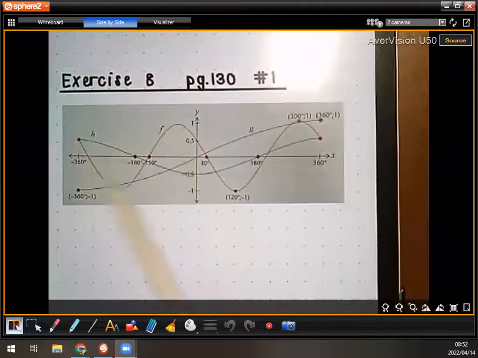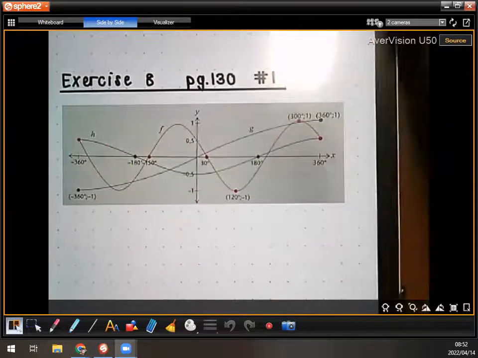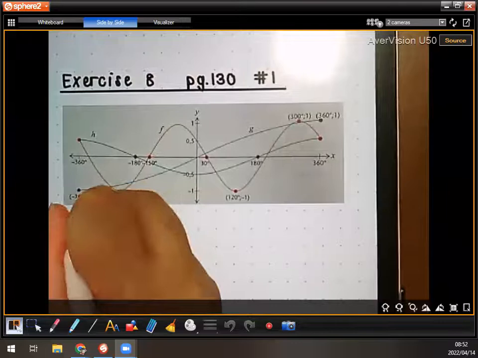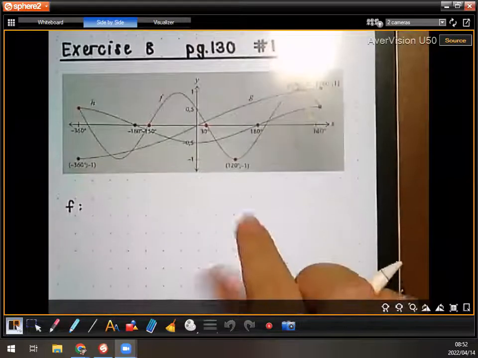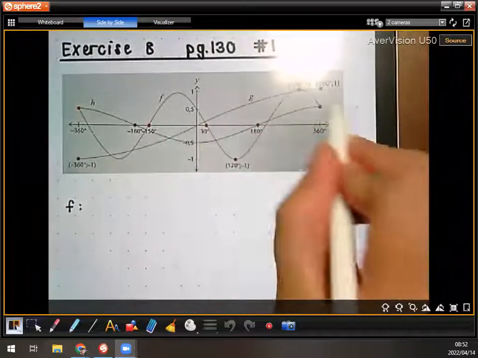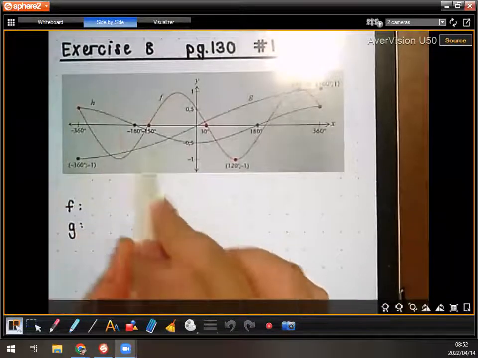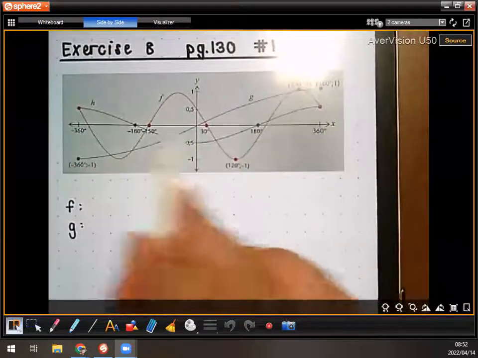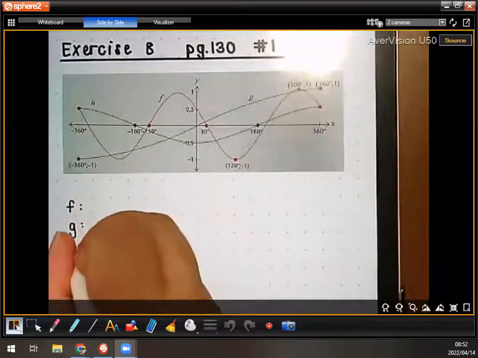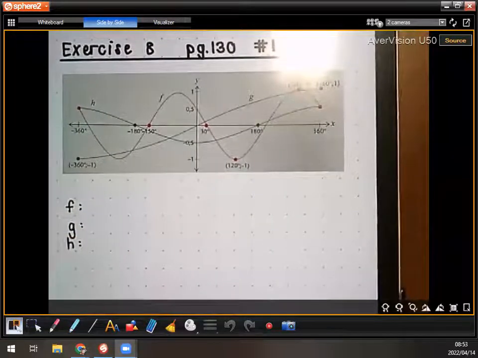The red one is F. So what is the equation of F? What is the equation of this blue one over here, G? And then the other one, the green one, I don't know if you guys can tell that that's green, but that one is H.